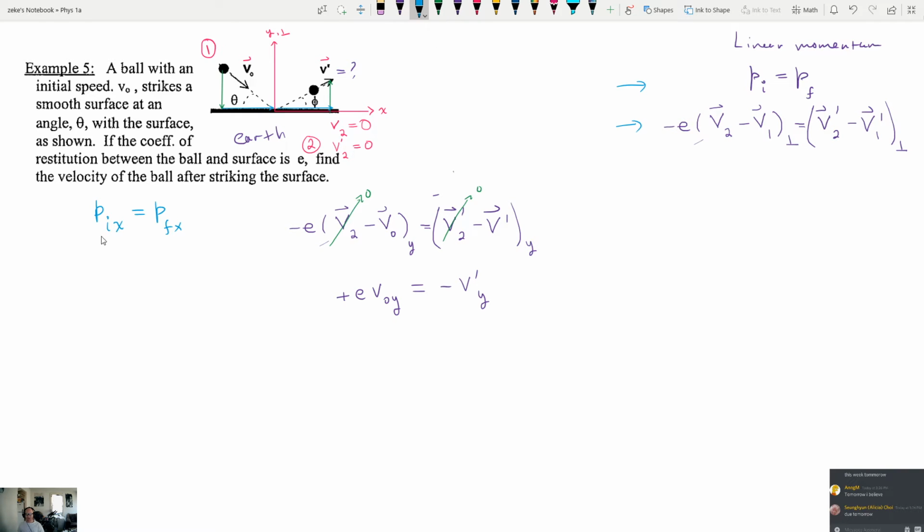For our x direction equation, the momentum in the x direction is going to be m times v naught. Now we have to multiply. We want the x component of the momentum down here. If this velocity is v naught, what's the x component of that velocity going to be? What would this vector over here be? V naught times what?